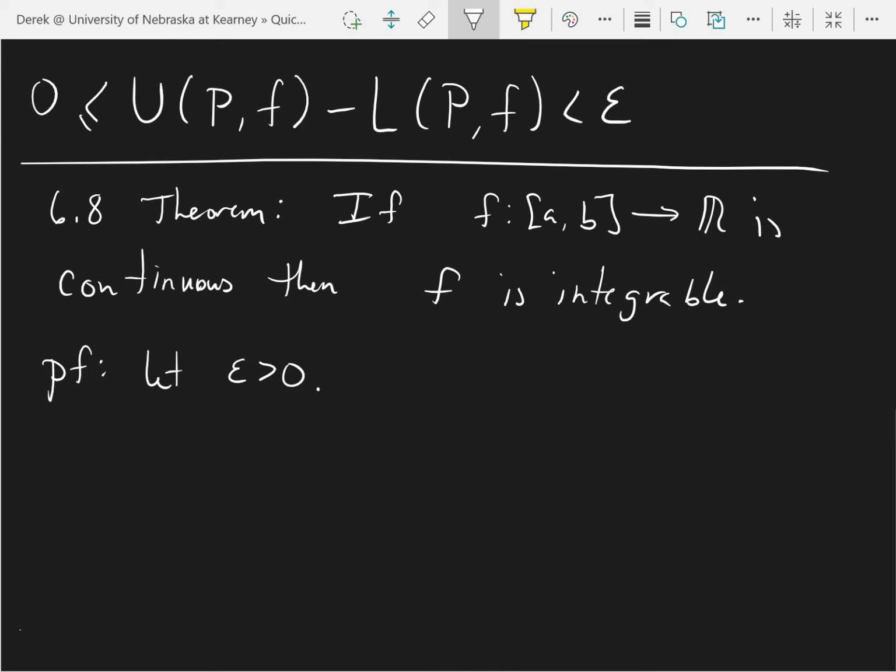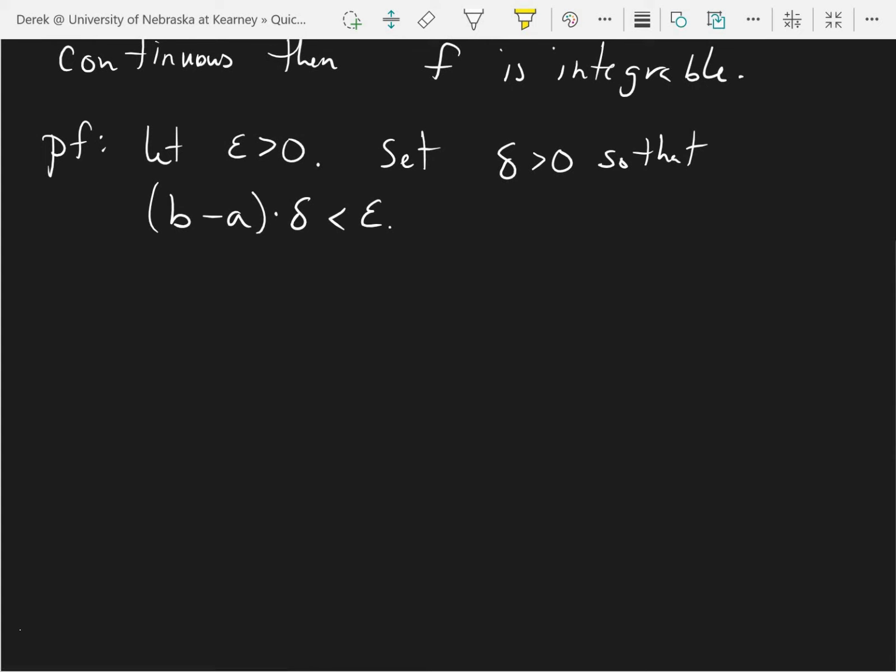Okay, so we're going to use uniform continuity, so we're going to set delta bigger than 0 so that b minus a times delta is less than epsilon. Now, I don't want to confuse delta with the input, so let's say eta.